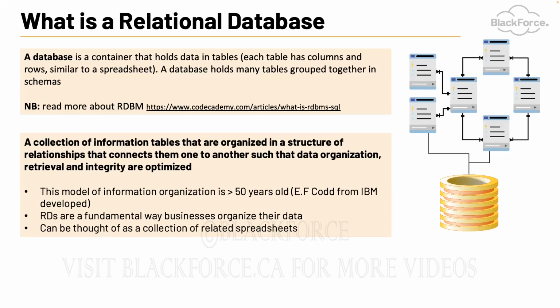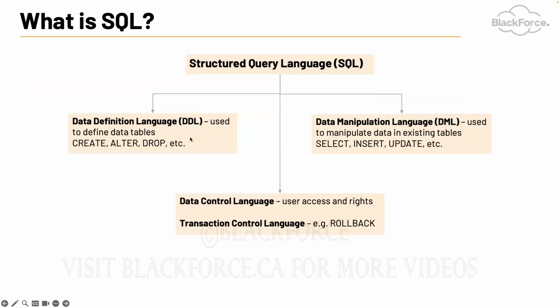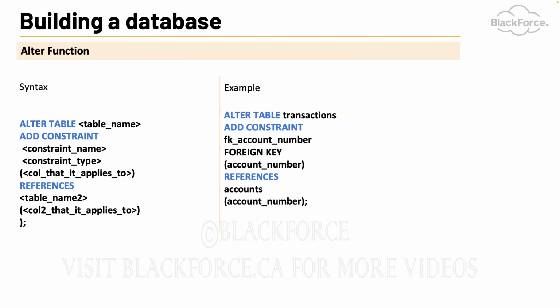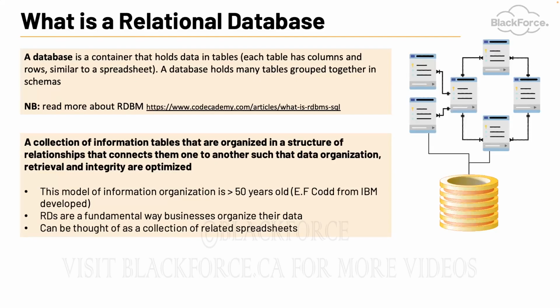So it's a collection of information tables organized in a certain structure, with relationships that connect them. Relational databases have been around for a long time, bottom line, developed by E.F. Codd at IBM, but different variations of the SQL language have been used in different places.